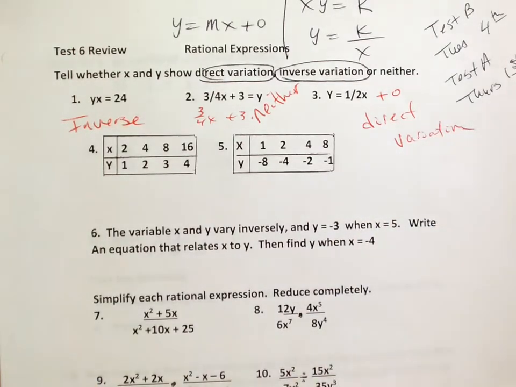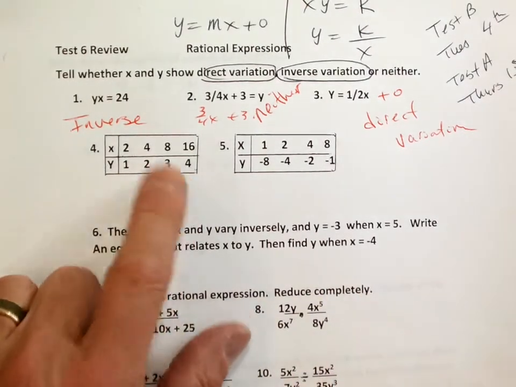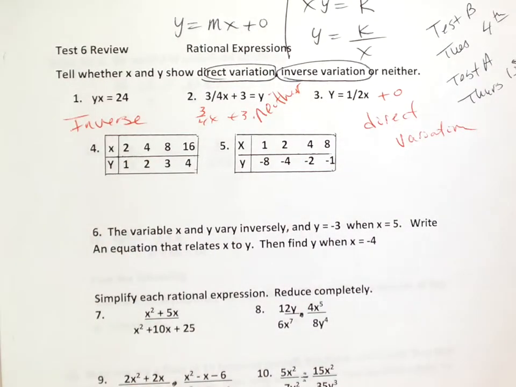Now from the chart, there's two ways to do it. One is to graph it and see what's going on, and the other is to see if you can figure it out just by looking at the numbers. But I think the easiest way for me sometimes is just to graph it. So I'm going to grab this graph paper.